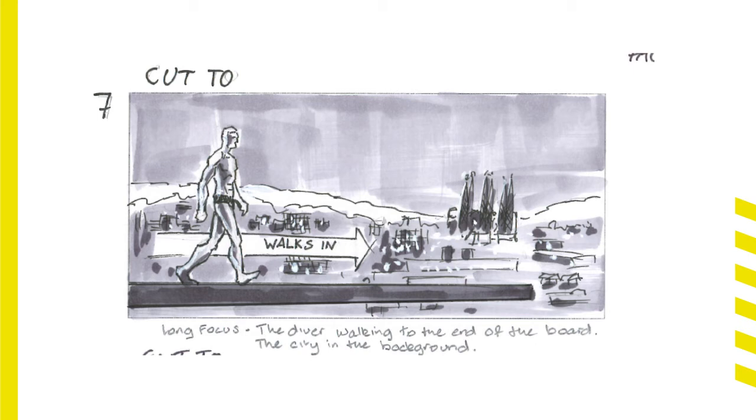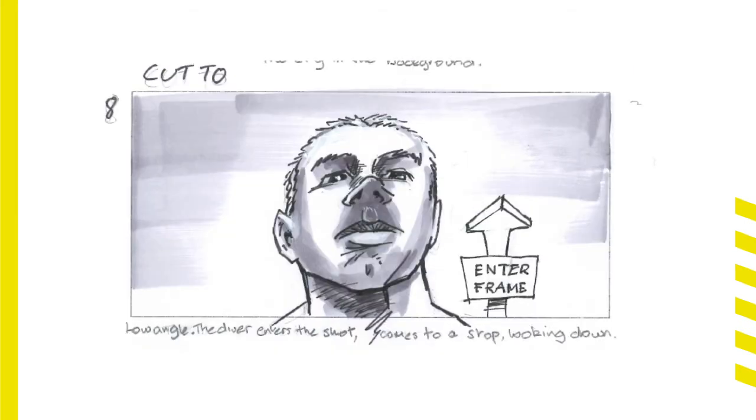The diver walking to the end of the board, the city in the background, and the city is Barcelona. So this is the Olympic swimming pool from the Barcelona Olympics. And we're cutting again, and then we're gonna have an under angle. So it's a low angle, and he walks into the frame and looks down.